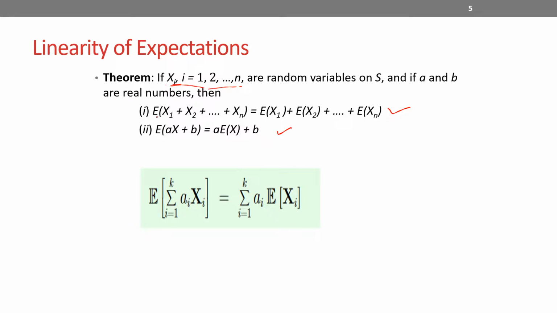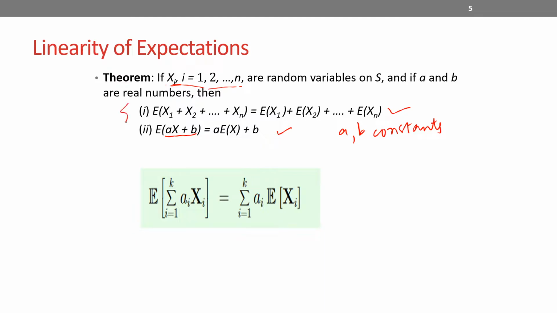So as you can see, the expectation of all these random variables x1 plus x2 and so on up to x of n is equal to the expectation of each of those taken as individuals, right? Similarly, the expectation of any expression of this form, where x is my random variable and a and b are some constants, is actually equal to a multiplied by the expectation of x plus b, which is a constant.